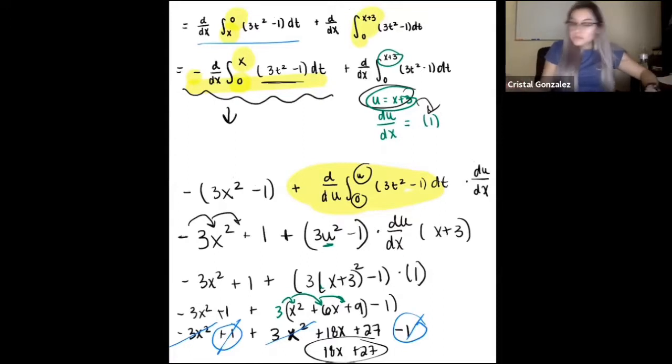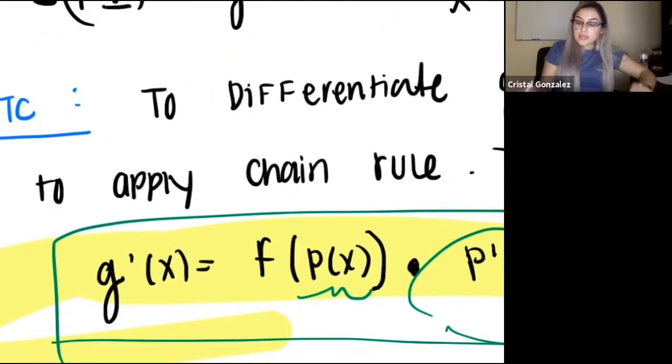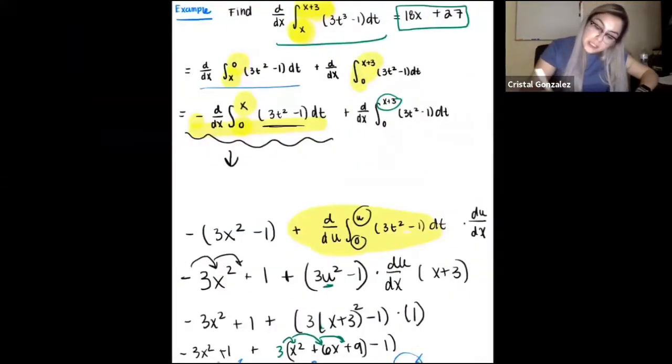But in reality, what I could have done, and I'll write it in a different color here, is apply that rule that I gave you over here, where we do f of p of x times the derivative of p of x. This function here, x plus 3, is technically our p of x.